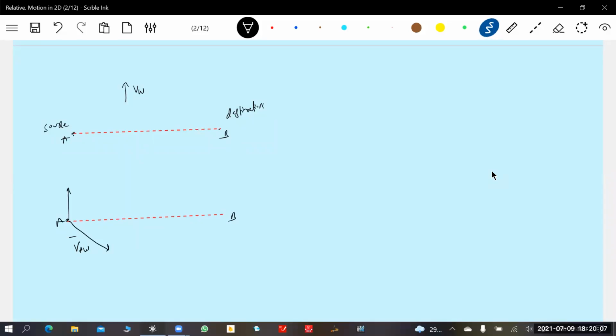Velocity of wind is like this. Then minus VW should be like this. Then VA bar will be in this direction. The velocity of aircraft with respect to ground should be directed along the path AB. For that purpose, the effect of wind will come into picture.